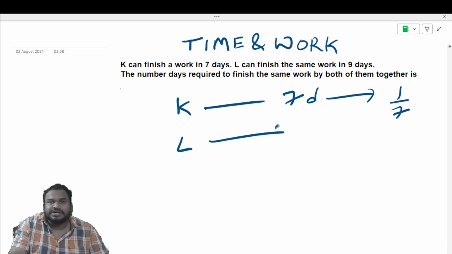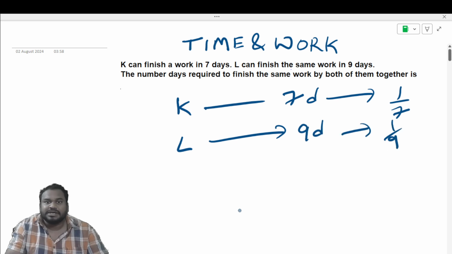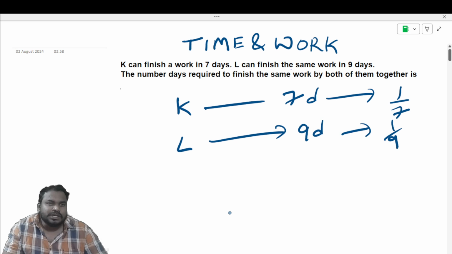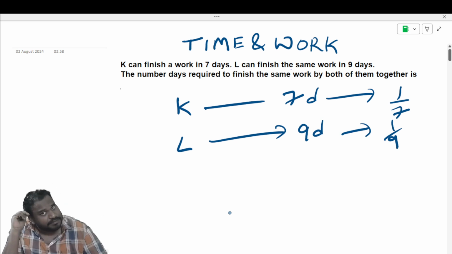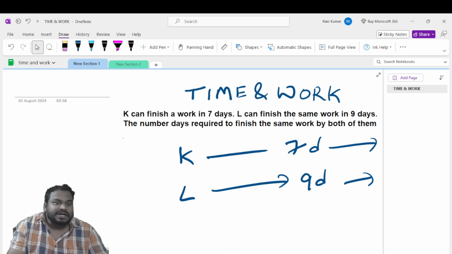L can finish the same work in 9 days, so his efficiency is 1 by 9. Now, in this type of question, you should go with the LCM. So, what is the LCM of 7 and 9?